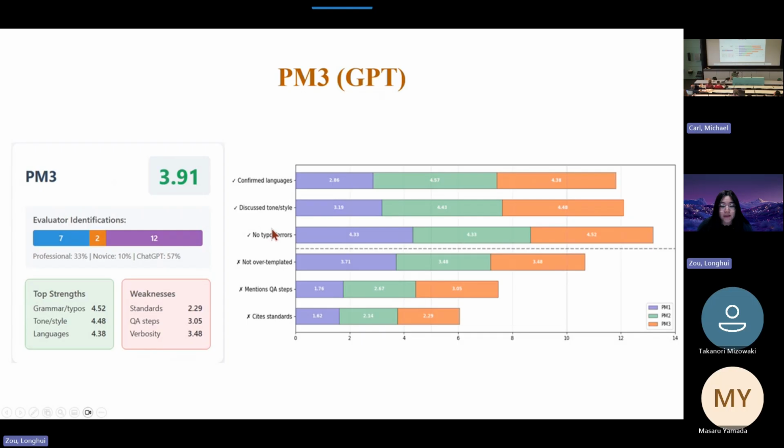So GPT is best in grammar and free of typos in the messages among the 3. And the GPT is also good at discussing the required tone and style, best among the 3. GPT is also good at confirming the source and target languages, not as good as the novice project manager. So in summary, all 3 PMs showed significant weakness in standard and confidentiality.